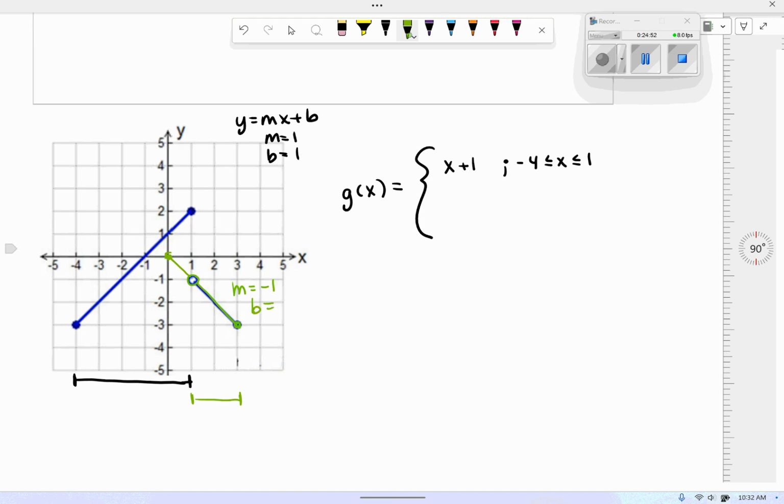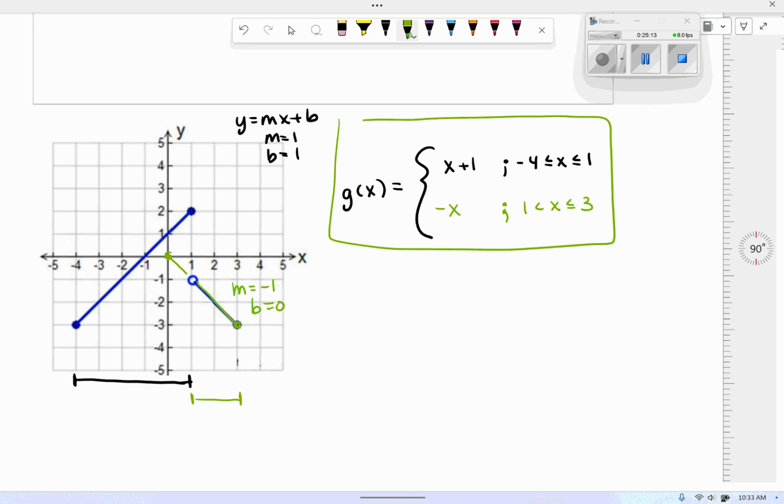So the y-intercept is 0. So the equation would be negative x, and this would be for x values in between 1 and 3, but not including 1. So we have 1 is less than x, which is less than or equal to 3, and that would be the equation or the rule of our piecewise defined graph.